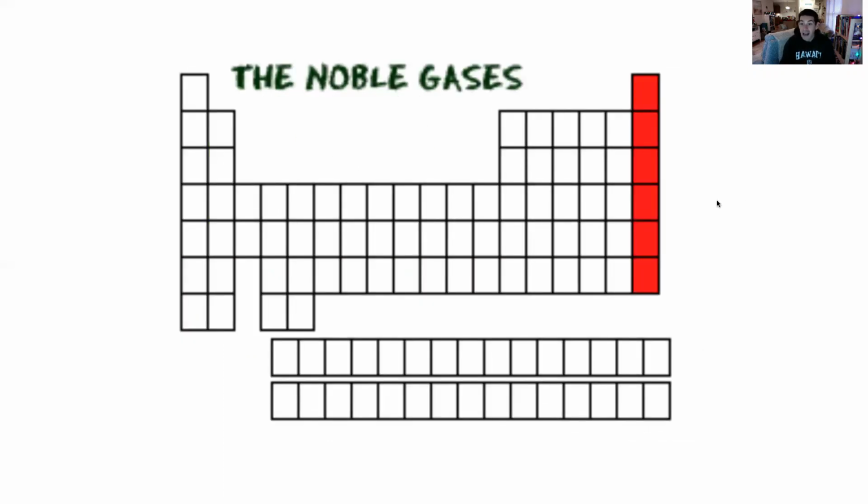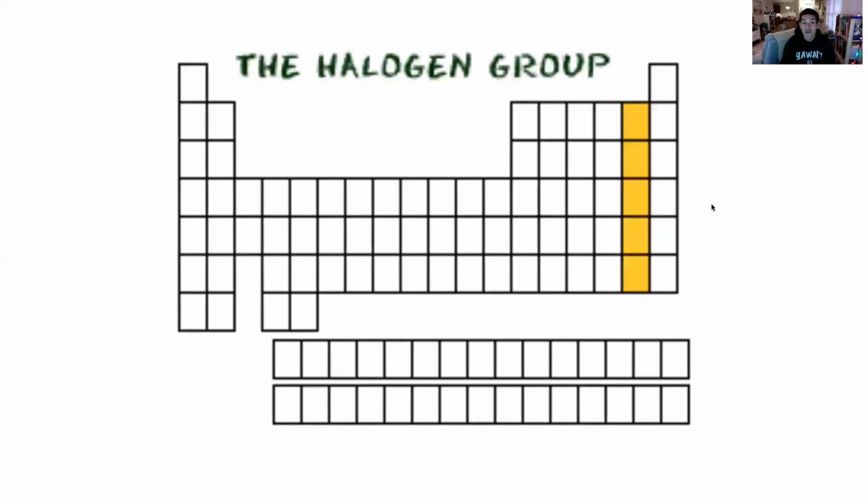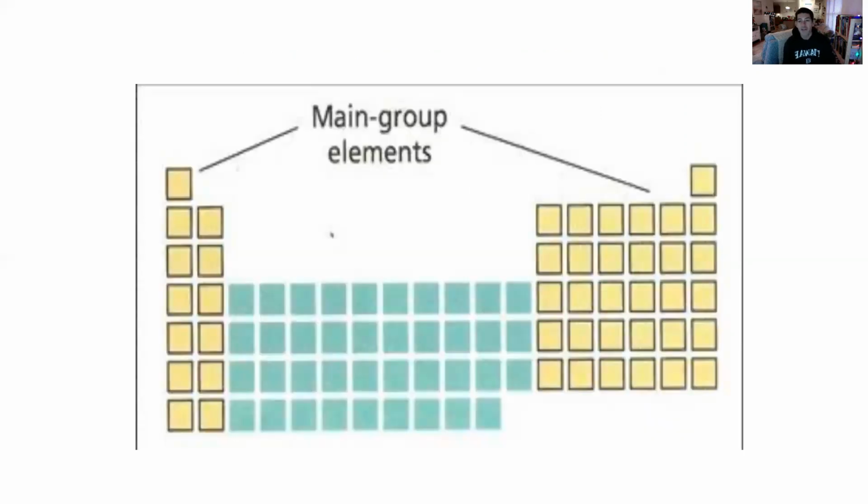They have full octets in their outer shells, s2 p6, so they do not react, things like neon and helium. Group 17, the halogens, are 1 electron away from the noble gases, so they are very reactive because they're trying to gain that extra electron.